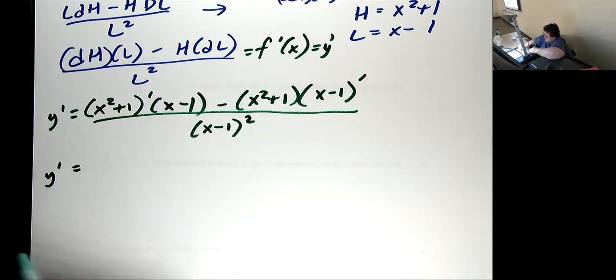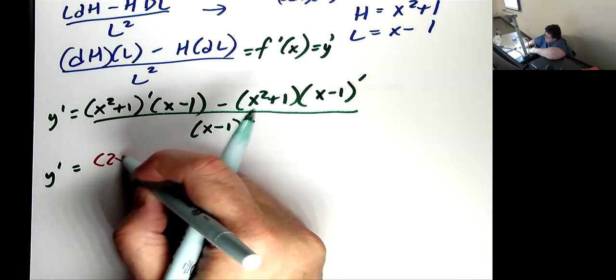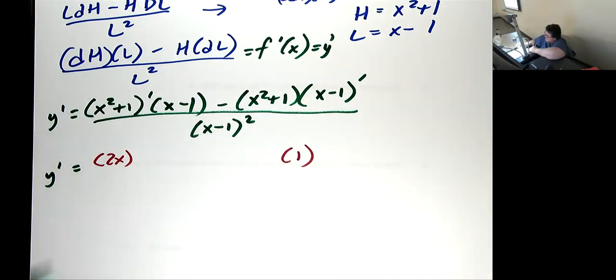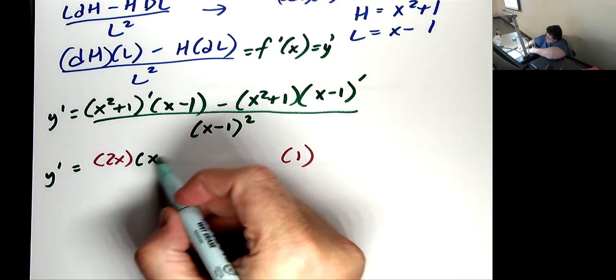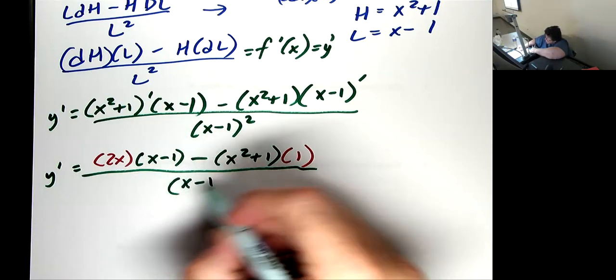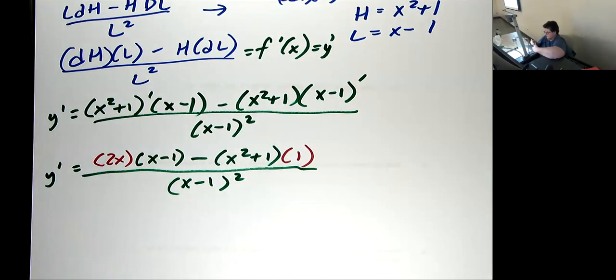This turns into a 2x, and that one right there turns into a 1. Everything else stays the same. Then we distribute.